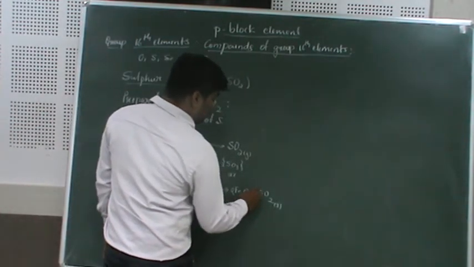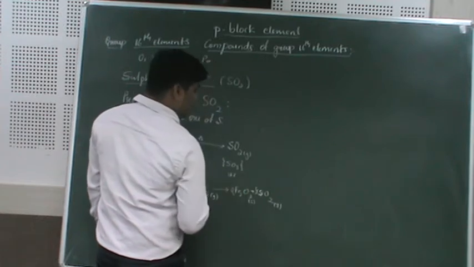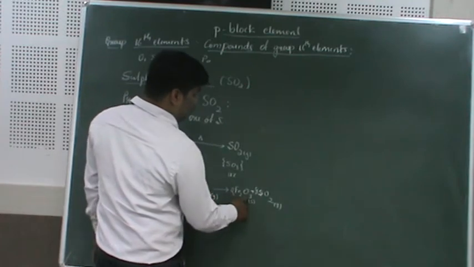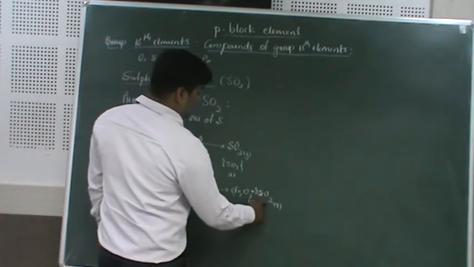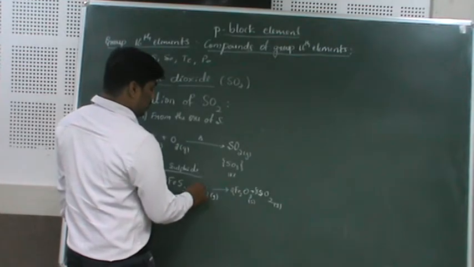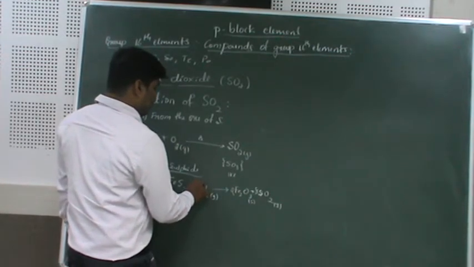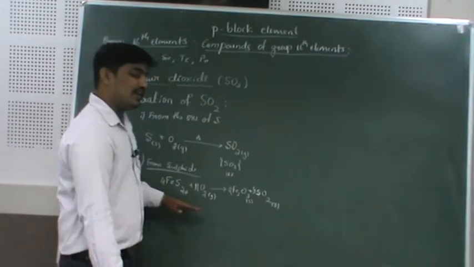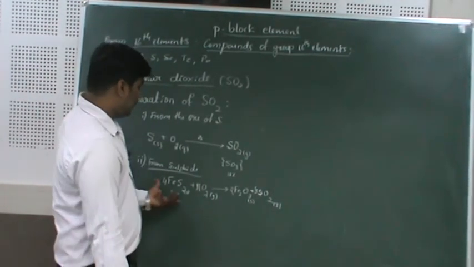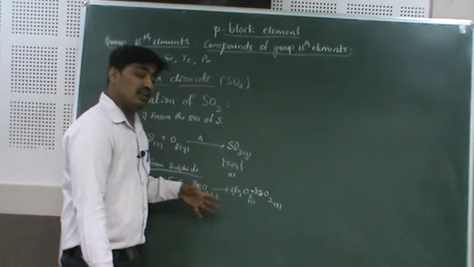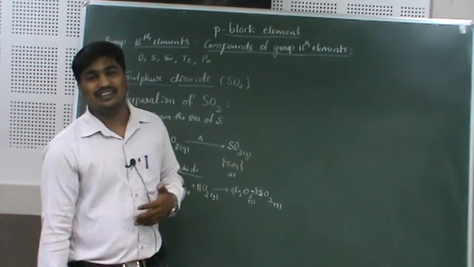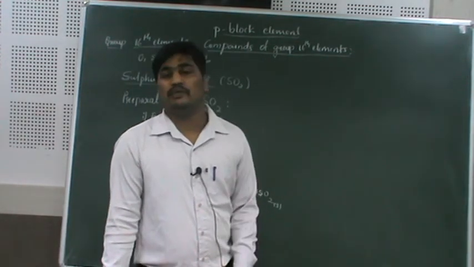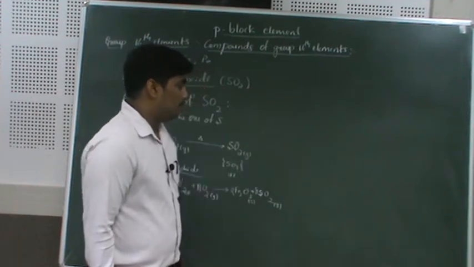Here only 1, therefore I multiply by 8 here. 8 into 2, 16. 2 into 3, 6. 16 plus 6, 22. Here only 2, therefore I multiply 11 to the oxygen. So this is the balanced chemical equation. Here sulphide ore is burned in presence of excess oxygen, and we get sulphur dioxide gas. This is another method of preparation of sulphur dioxide.